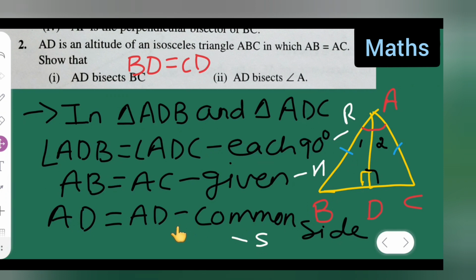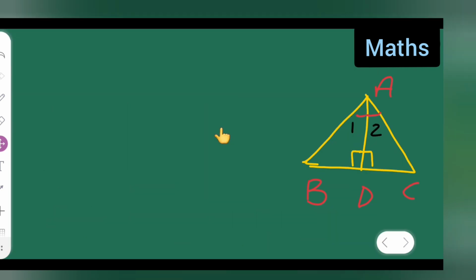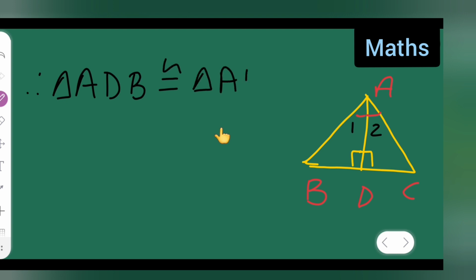RHS rule, that is right angle, hypotenuse and side. So you all can take down here: therefore, triangle ADB is congruent to triangle ADC by RHS rule.